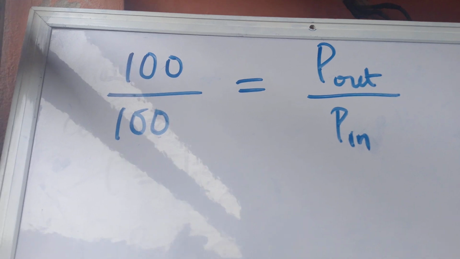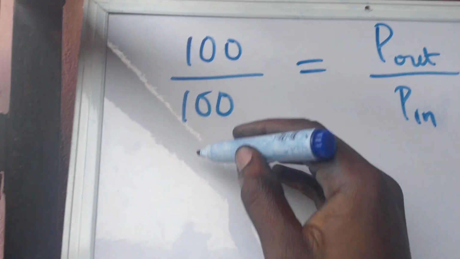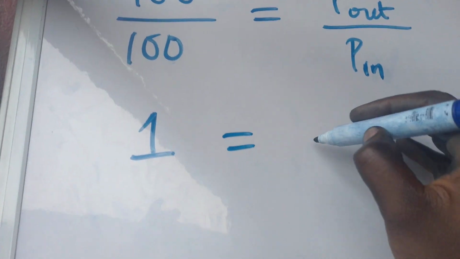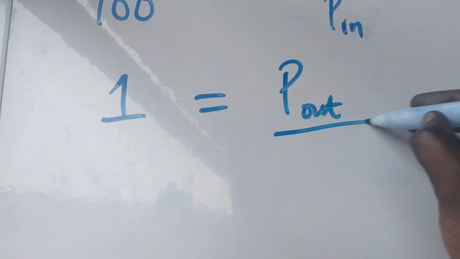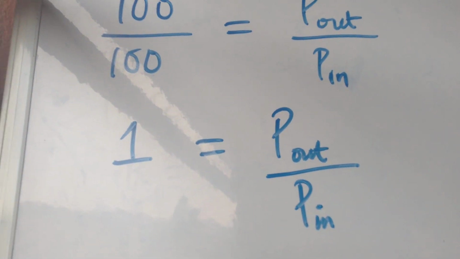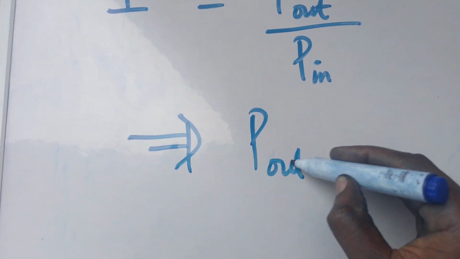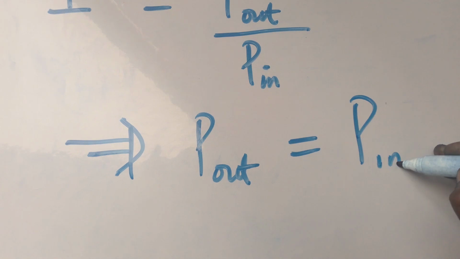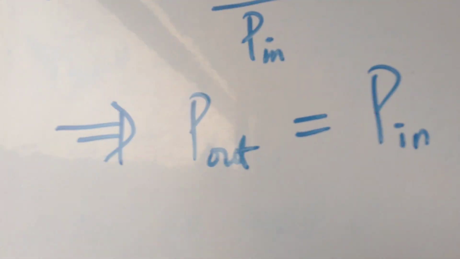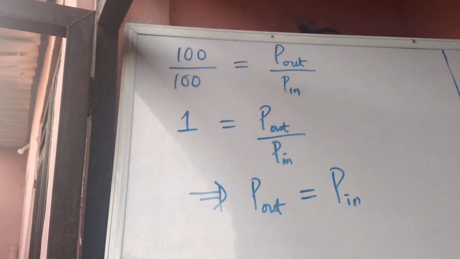All right. So we know that 100 divided by 100 is 1. Is equal to P out over P in. So when I cross multiply, I'll be having my output power is equal to the input power. Okay, that is power output is equal to power input.